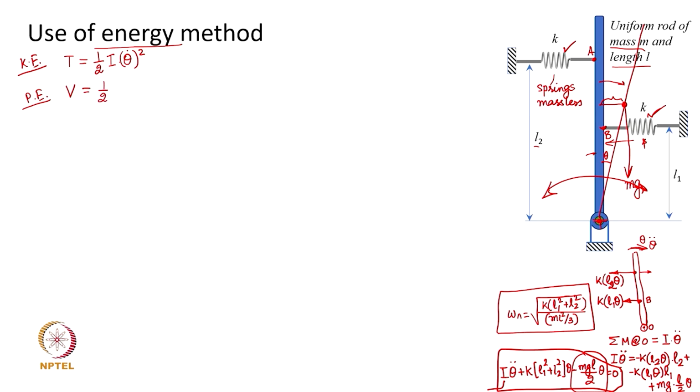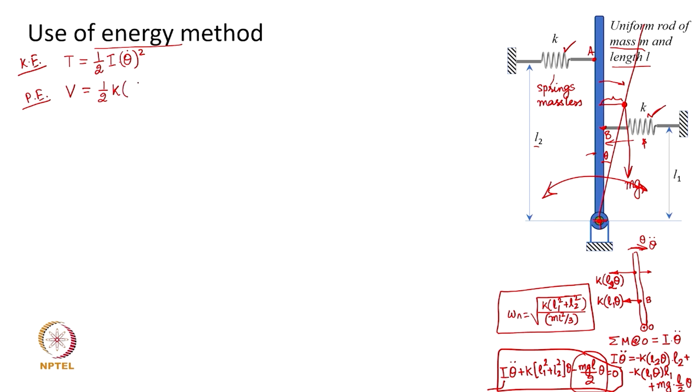This is the first spring at the top, let us say K, and the strain energy stored in the stretched spring is half K x square, where x is the elongation in the spring.